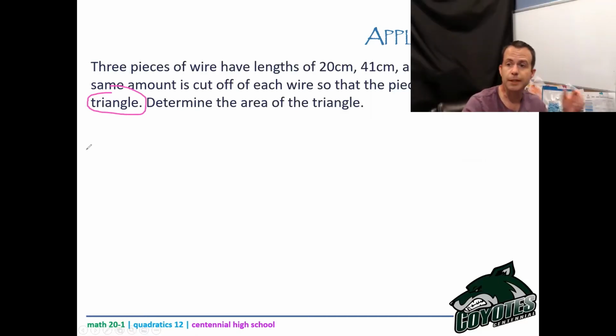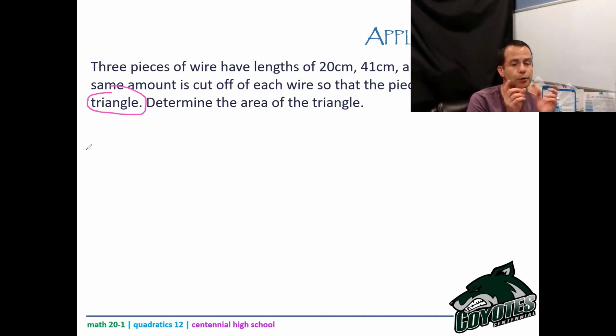Okay, so what I'm going to do here is I'm going to call x the amount that I subtract, because it says the same amount is cut off each wire. Okay, so if I subtract x from each item, then I'm looking at 20 minus x, 41 minus x, and 44 minus x. Okay, I also know that it's the 44 that has to be my hypotenuse, because the hypotenuse would be the longest side.